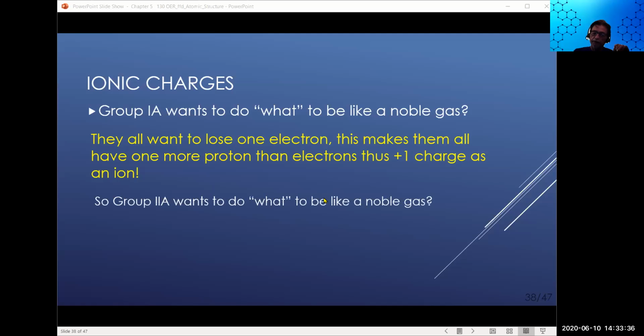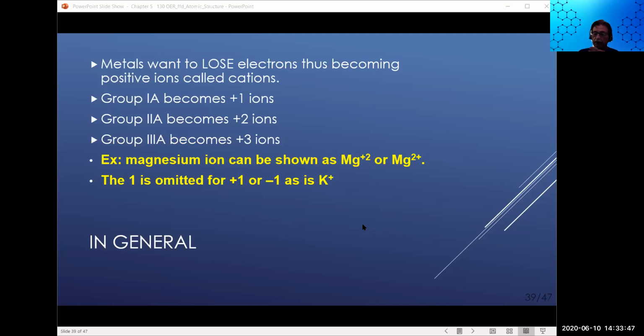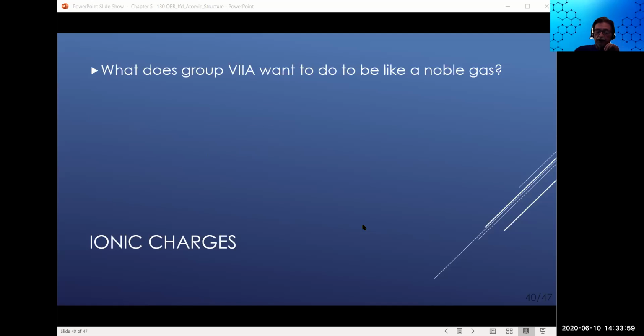Group 2, by losing 2 electrons, become a +2 charge. Group 3 has 3 valence electrons and will become a +3 charge. So the group also tells you how many electrons are going to be lost and what kind of charge they're going to have.